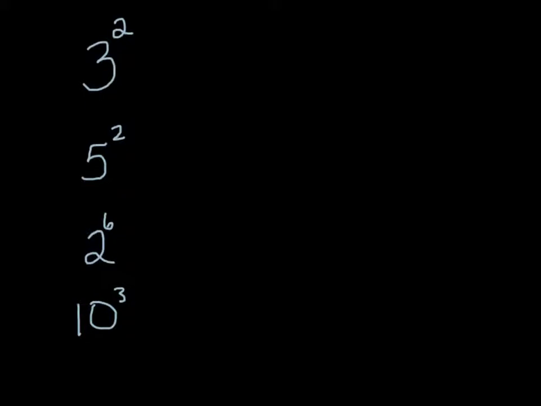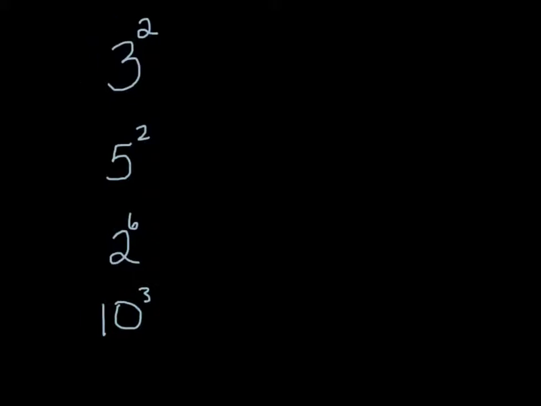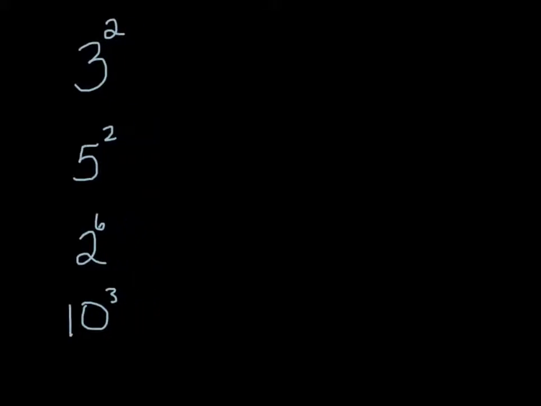I have a bunch of examples on this slide. 3 to the 2nd power, or 3 squared, is how we say this first example, and that means 3 times 3, which is 9. Lots of people say 6.